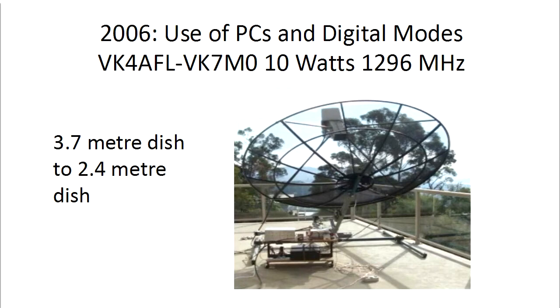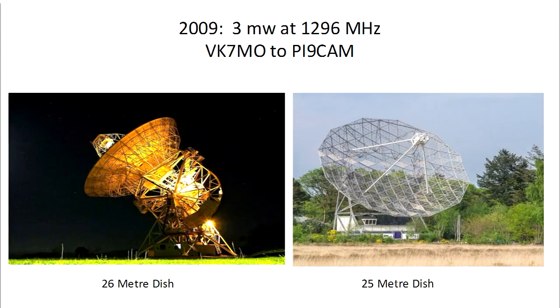Now, about this time, I think it was the 40th anniversary of the moon landing, and there were some guys in America who wanted to organise EME contacts to celebrate it. And I was fortunate enough to be able to borrow the University of Tasmania's 26-metre dish, which is on one side.